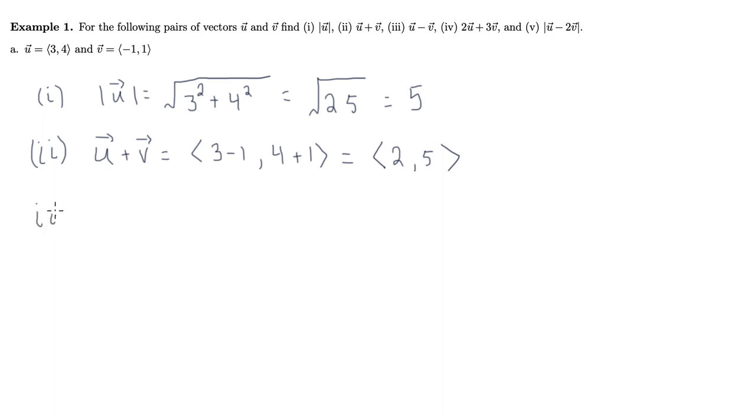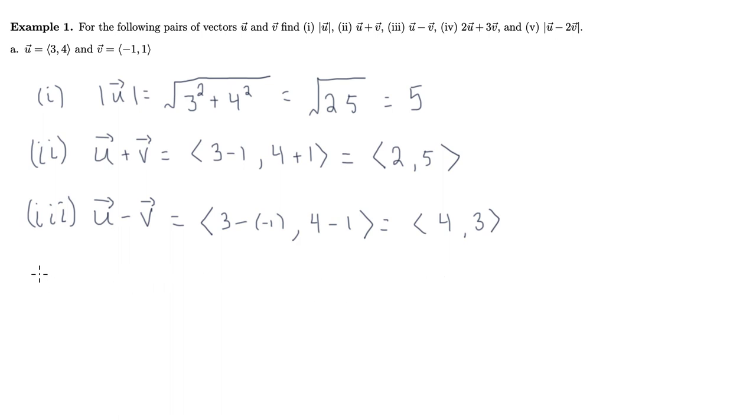Alright, so next, we want to find u minus v. So this time, instead of adding the components, we're going to subtract the components. So we're going to have 3 minus negative 1, and then we'll have 4 minus 1, and that'll give us 4, 3.